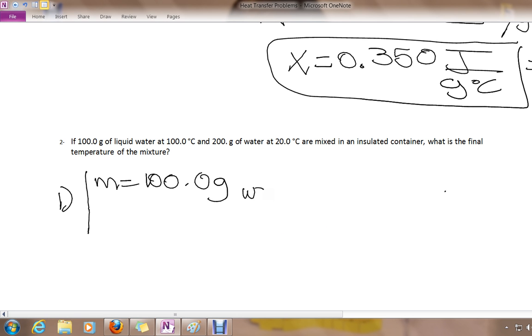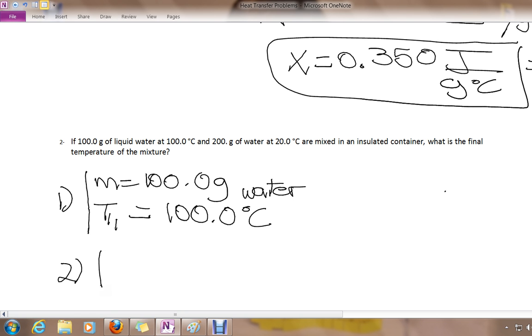The initial temperature of system 1 is going to be 100.0 degrees Celsius. Now we mix that with 200 grams, so again we've got water, and we mix it with 200 grams. This is the mass of system 2.